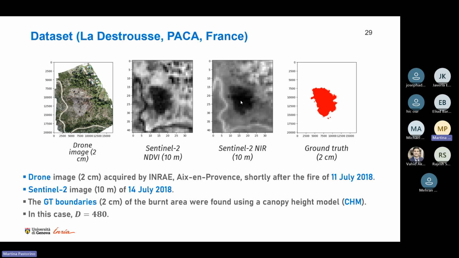And we took the NDVI and the NIR channels because they are the ones containing information about the dryness of the soil and the near-infrared wavelengths. And we have ground truth boundaries at 2 centimeters. So in this case, our resolution mismatch is 480, around 500.